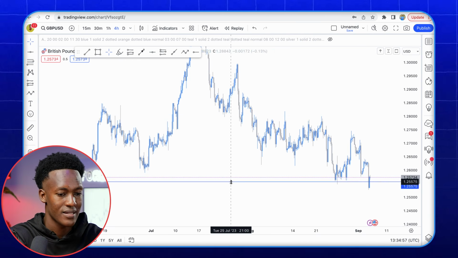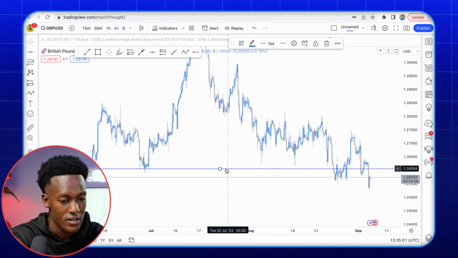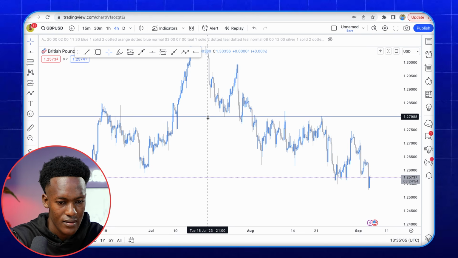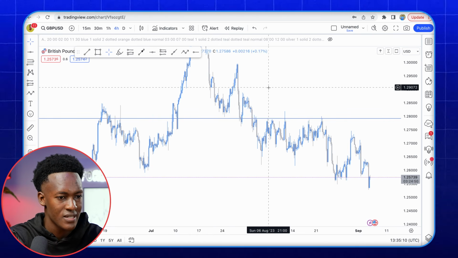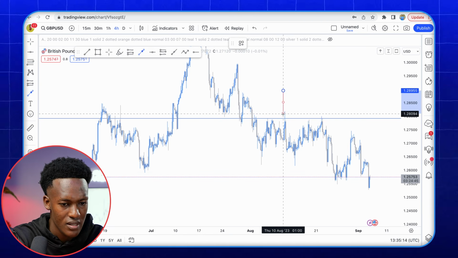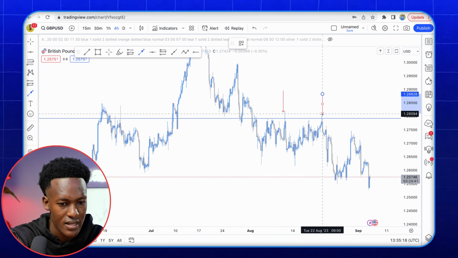So in this case, we can decide on these levels. Let's at least have 2 or 3 levels. I think this could work better. So I'm just trying to look out for at least 3 levels. We can consider this. That's 1. We can consider this. That's 2.